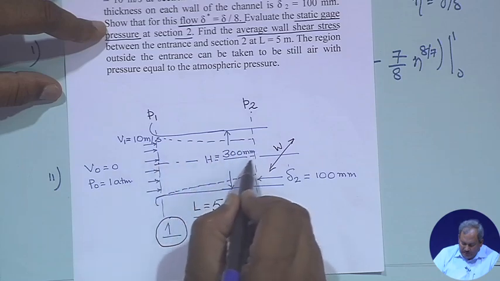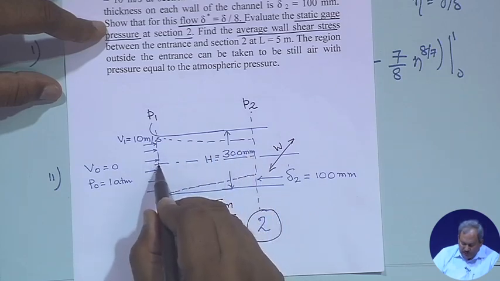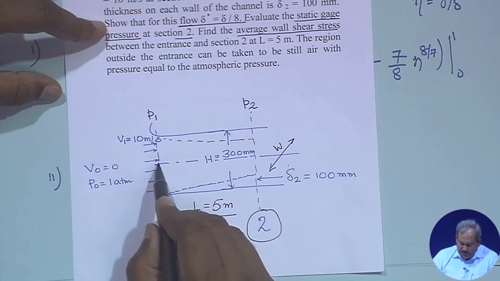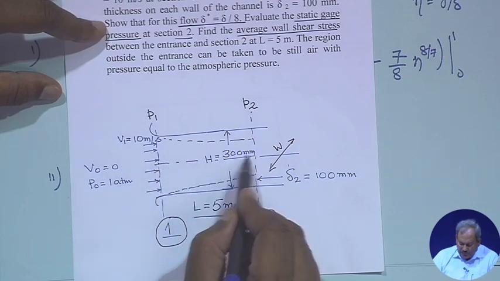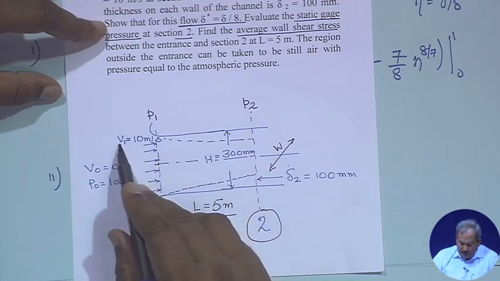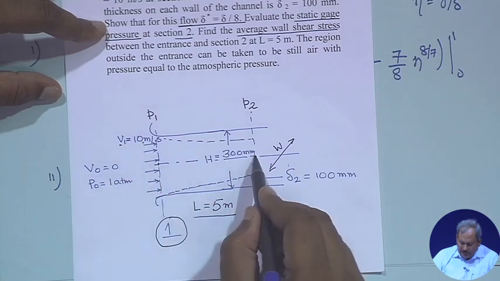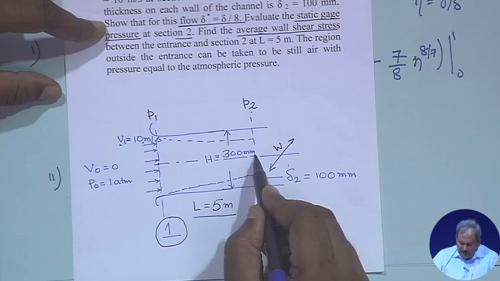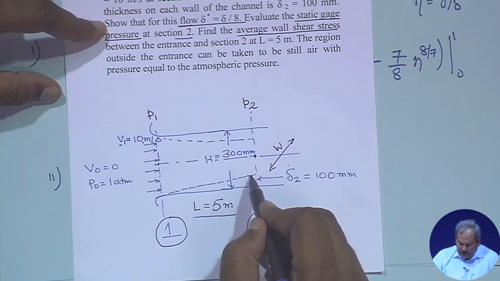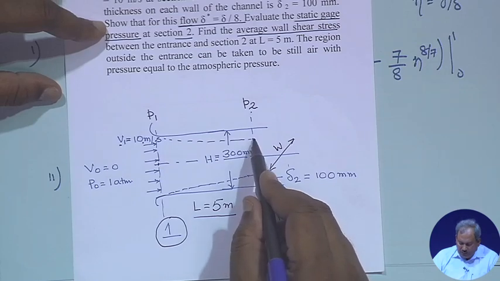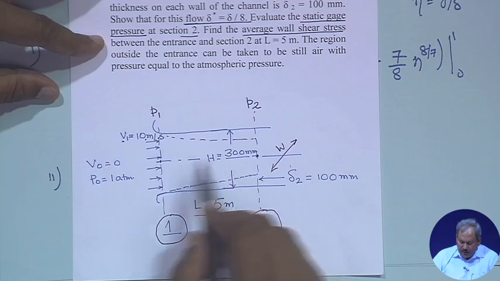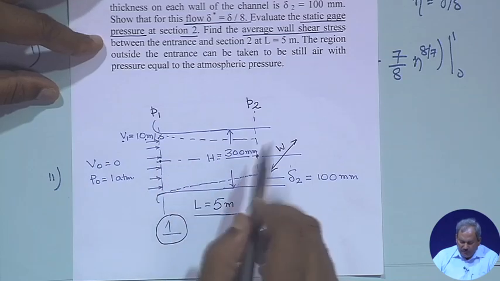This core is in inviscid flow, and Bernoulli's equation is only valid for inviscid flow. So, if I can find the free stream velocity at this point, which is going to be affected by the growth of the boundary layers over here, then we should be able to apply Bernoulli's equation between these 2 points.